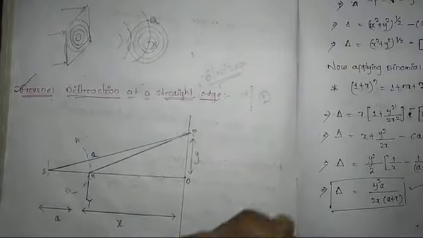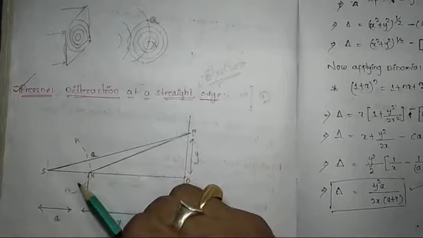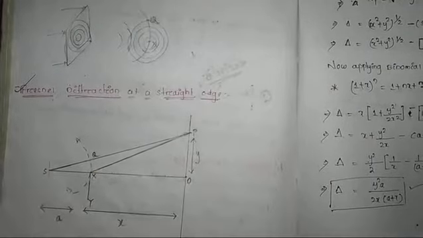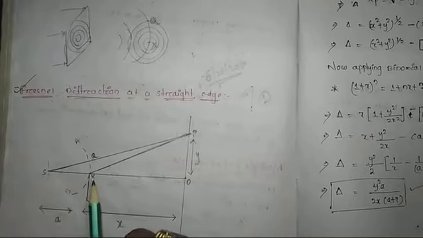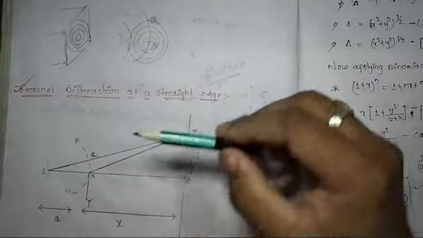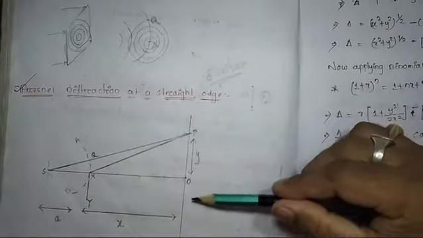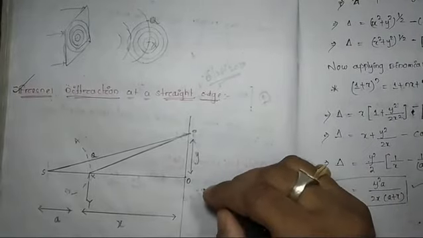Or B is the wavefront coming from the source S, and when this AB wavefront strikes this XY edge, a diffraction pattern is observed on this screen. This is the screen.